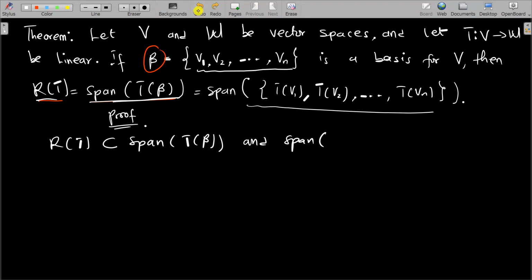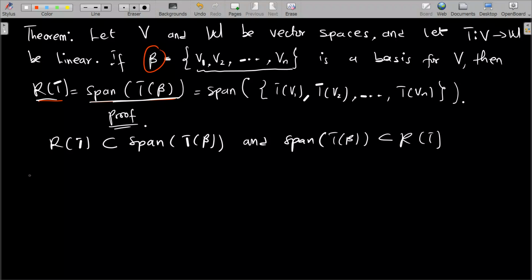So to show that two sets are equal, you want to show that each one of them is a subset of the other. So the span of T of beta here is also a subset of R of T. It doesn't matter which one we show first, but so long as we're able to show these two things, it means these two sets are equal. Okay. Now let's start with the span of T of beta.